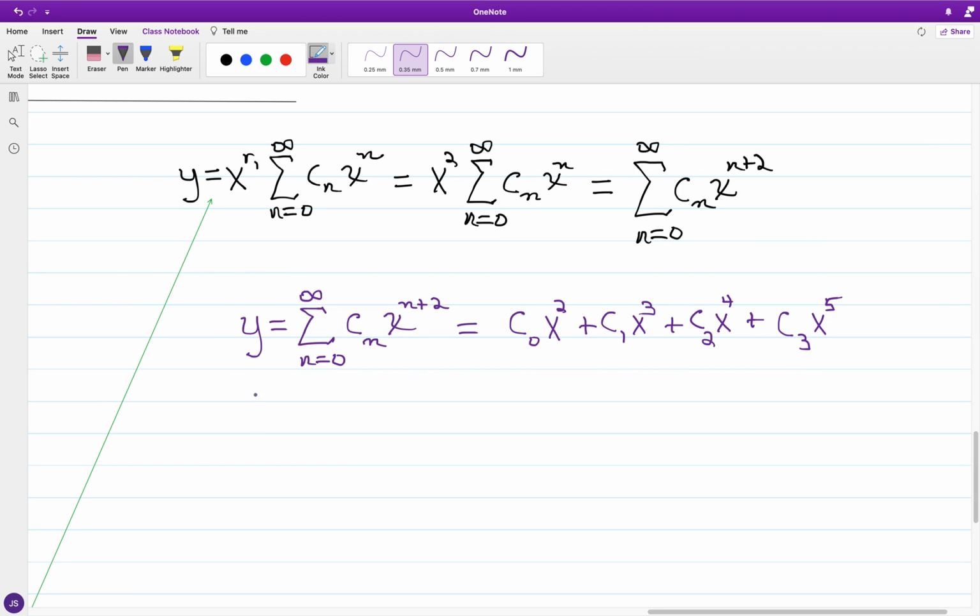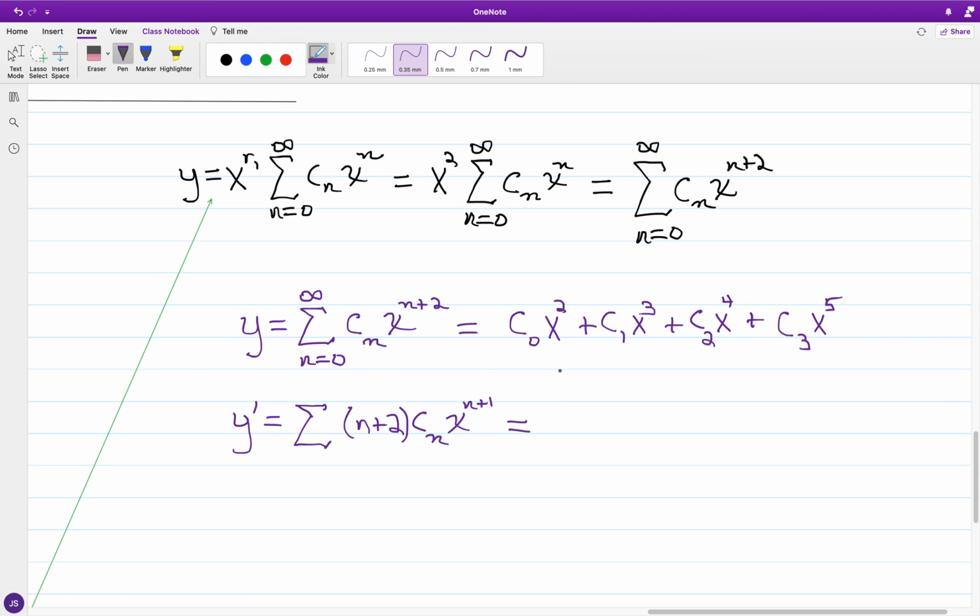And for the first order derivative, we have the summation of n plus 2 times c of n, times x raised to the n plus 1 power. We can always check for the consistency.